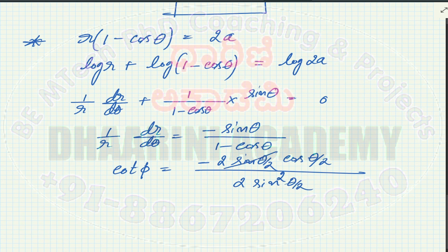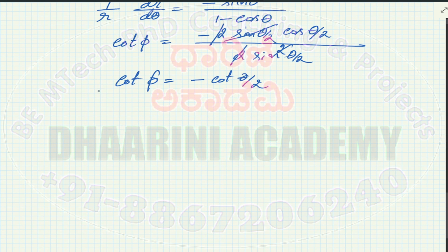I can see that the sine and sine cancel, and the 2 will cancel with the 2. So I am left with cot phi is equal to minus of cot theta by 2. So cot will definitely get cancelled here. This implies phi becomes equal to theta by 2. This is the first relationship that we get.